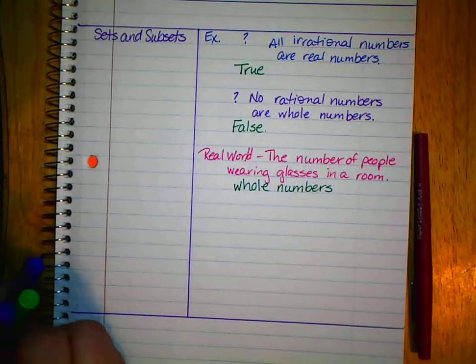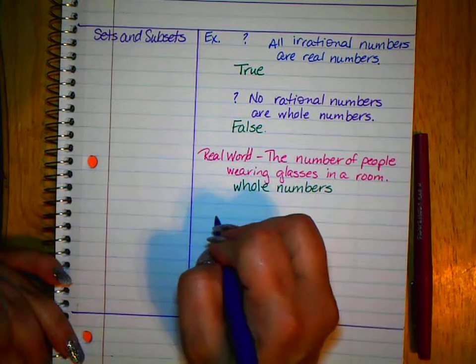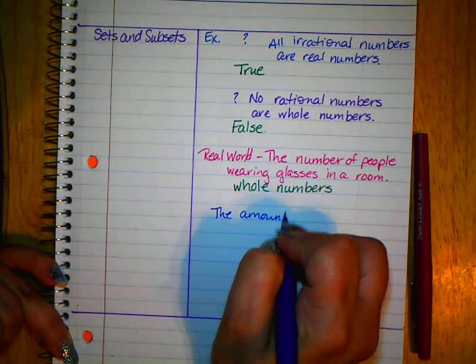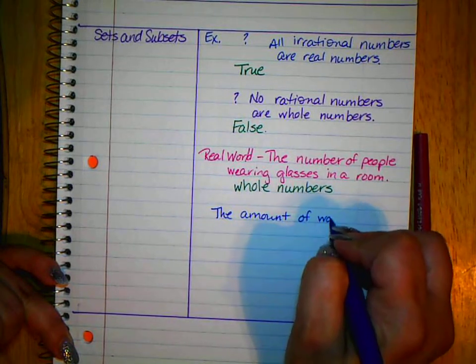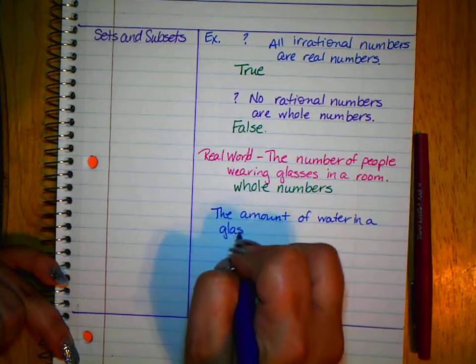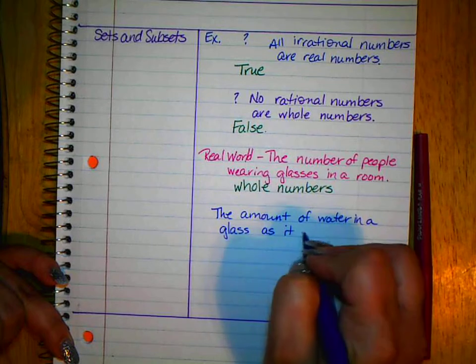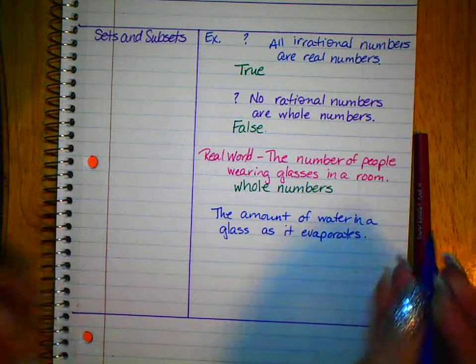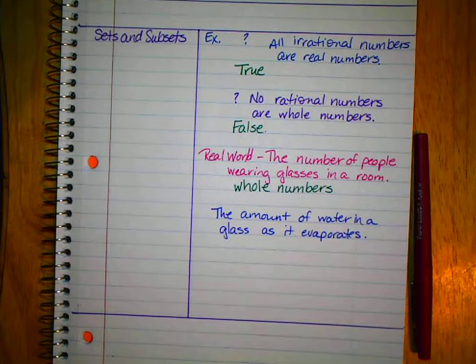Another statement might be, the amount of water in a glass as it evaporates. Again, think about what numbers you would use for this. Of course, it's going to be a real number because there is a real amount of water in the glass.